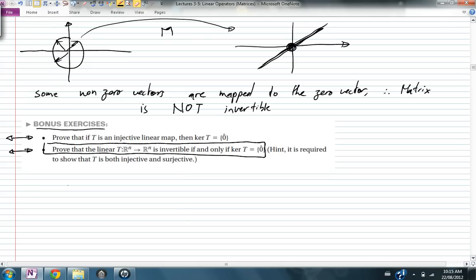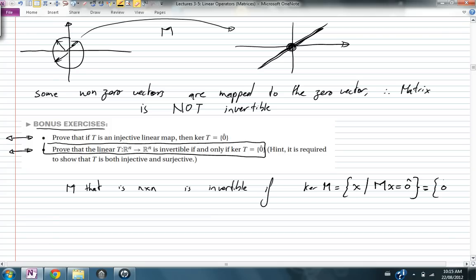So again, a matrix that is n by n is invertible, or I can find its inverse, if the kernel of this matrix, the vectors that M will take to give me the zero vector, is only one vector. There's only one in this set, which is the zero vector itself.